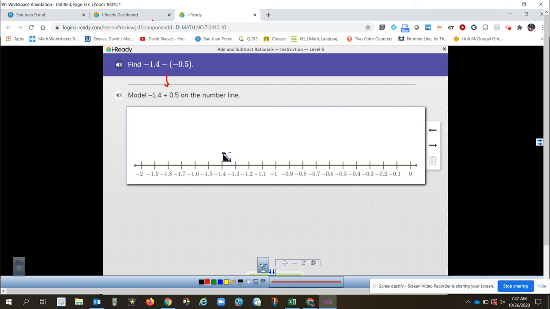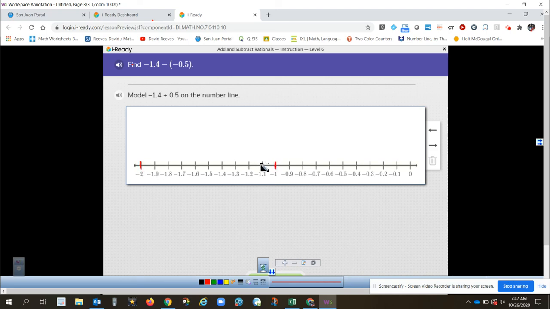Okay, so I'm going to start at -1.4. Do you see -1.4 is right there? And then I'm going to go 5/10 to the right. So each of these is a tenth. So again, when you're looking at the number line, here's -1, here's -2.